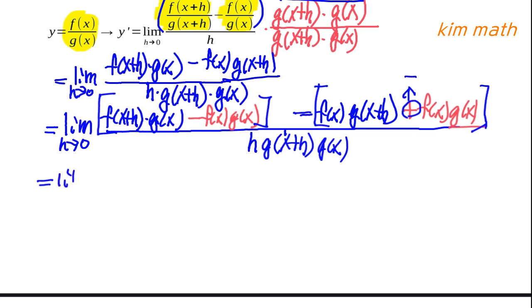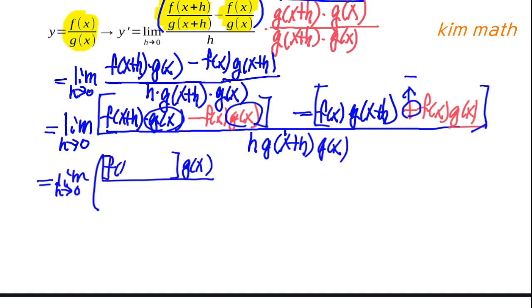Now limit h approaches 0. From the first group, g of x is the common factor, right? So if you factor out g of x, then what is left? f of x plus h minus f of x, right? Over h times g of x plus h times g of x.